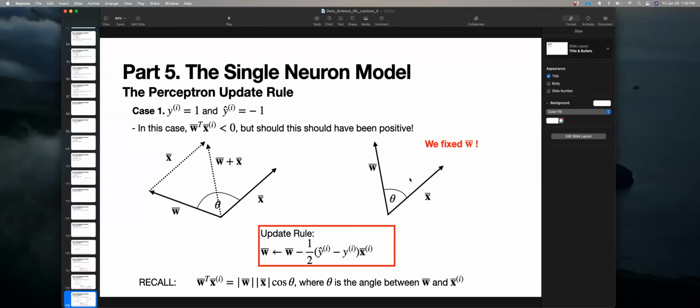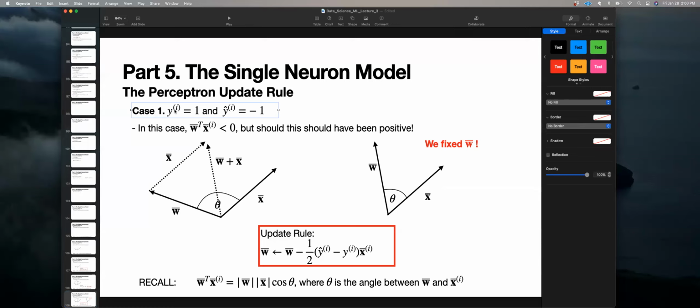The angle between them is less than 90 now, which means the next time we take the dot product of this weight and this x, it's going to be positive. The sign is going to predict a 1, and we would have got the correct label. We would no longer predict a -1, we would predict a +1.